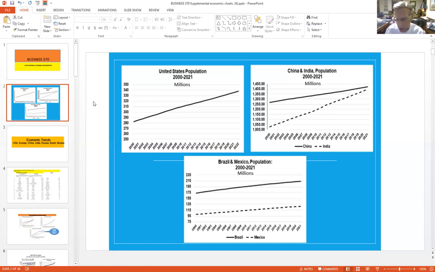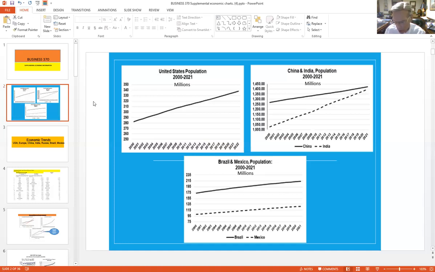You can see that the US has a population of about 330 million people, give or take a few. And it certainly is the wealthiest nation in terms of living standards. But we'll see in a minute that it's not the biggest economy in the world anymore.